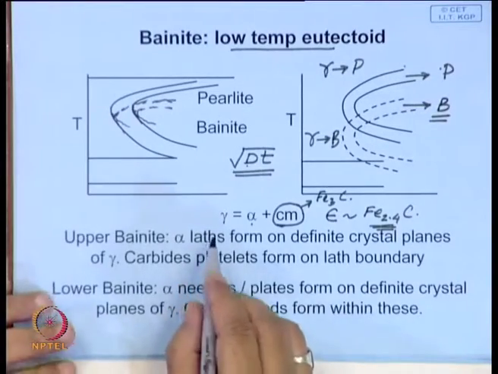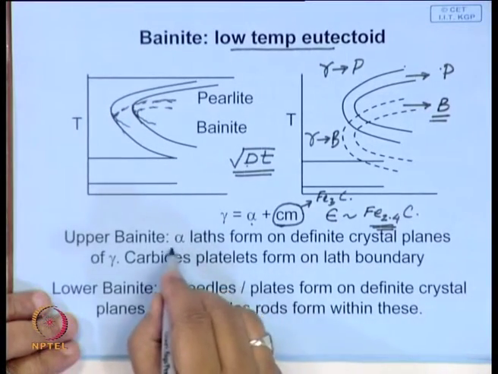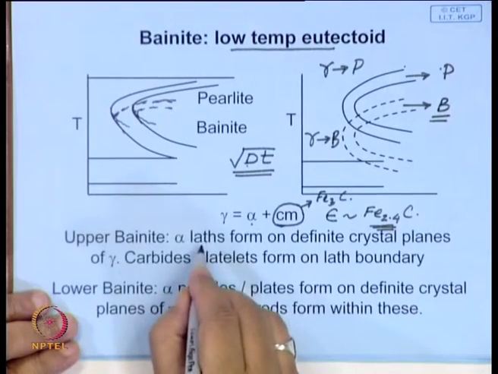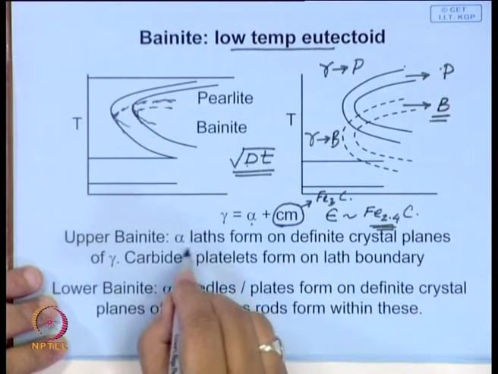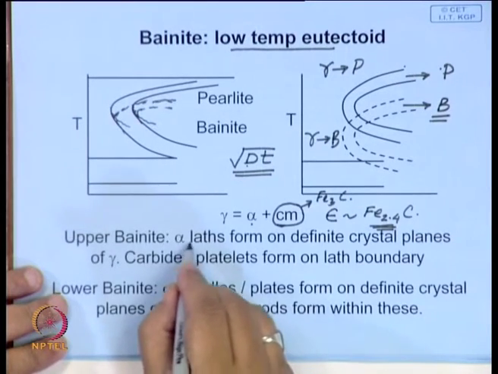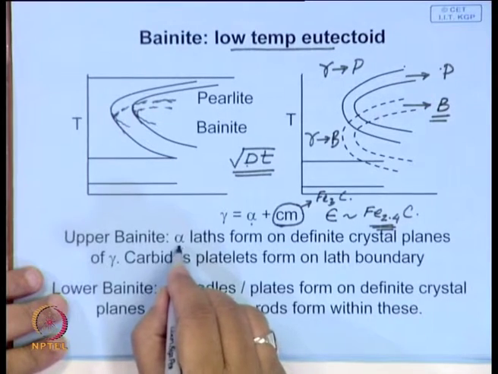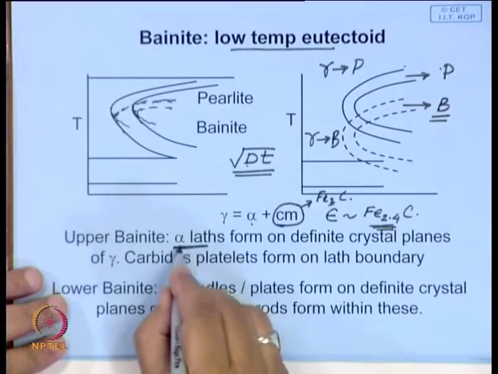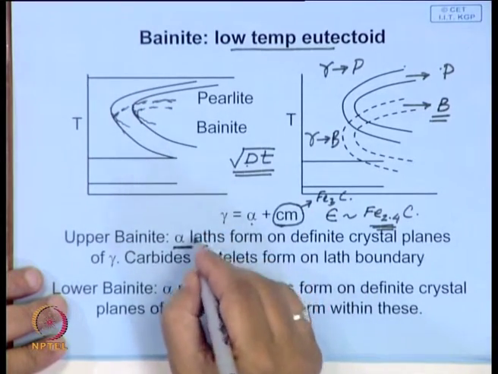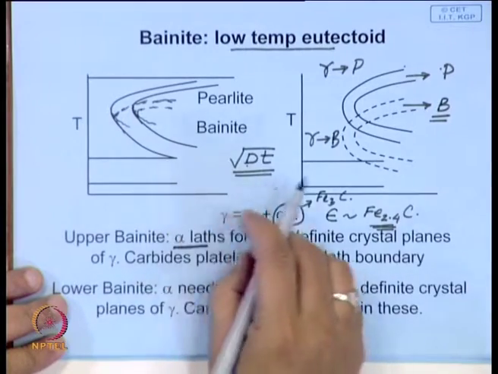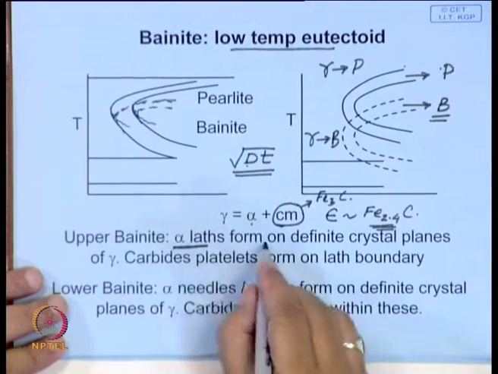And what is it? One is the way this structure develops. Unlike pearlite, there is some orientation relationship here. In the case of bainite, some strips or laths of ferrite form at the grain boundary, and as this moves, the carbon starts precipitating as carbides.